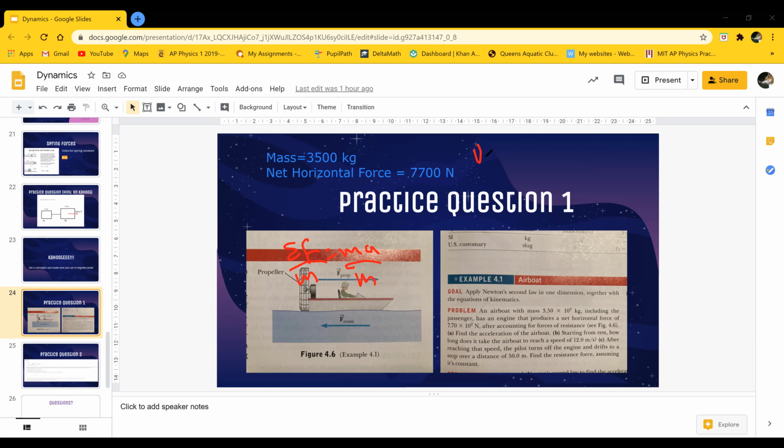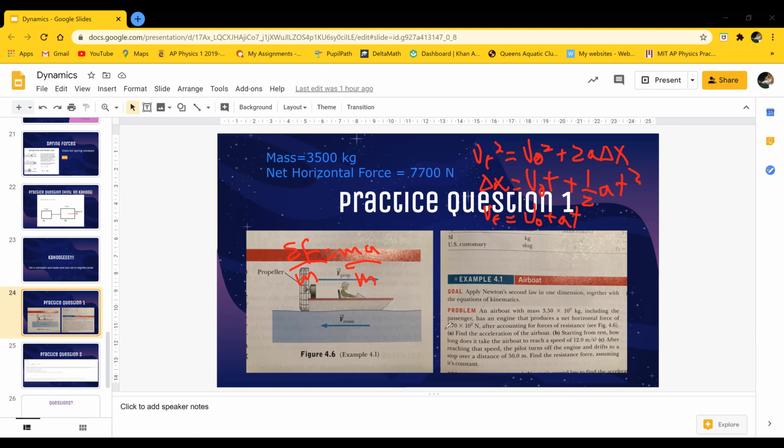So we have Vf squared equals V naught squared plus 2a delta x. We also have delta x equals V naught t plus 1 half a t squared. We also have Vf equals V naught plus a t. The hint I would give you is to use a kinematic equation. Find out what givens you have, what the problem tells you, and which equation you can use.